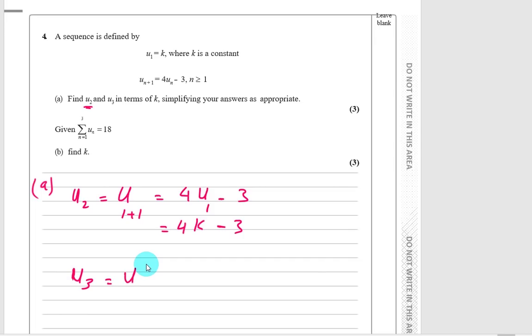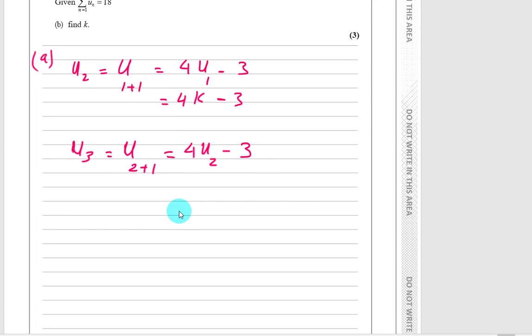Now u3 is equal to u(2 plus 1). So it equals 4 u2 minus 3. So it equals 4 times (4k minus 3) minus 3.